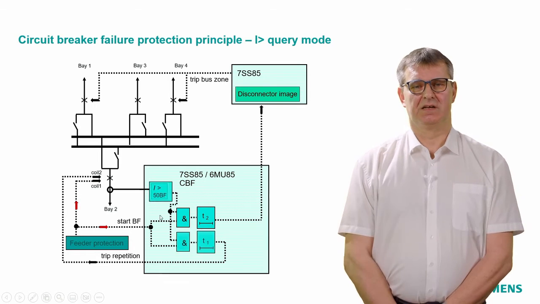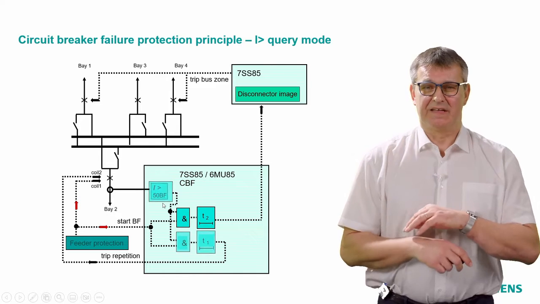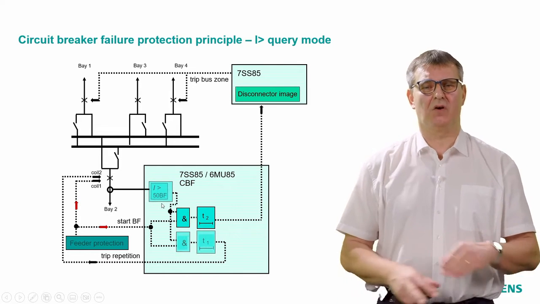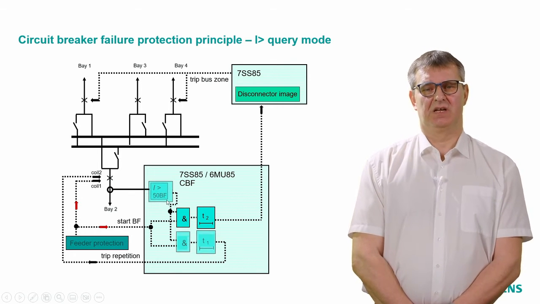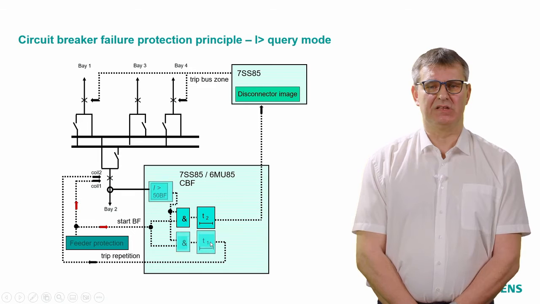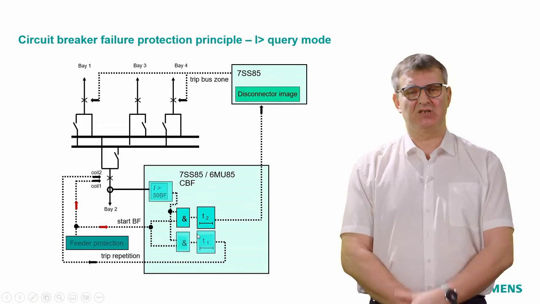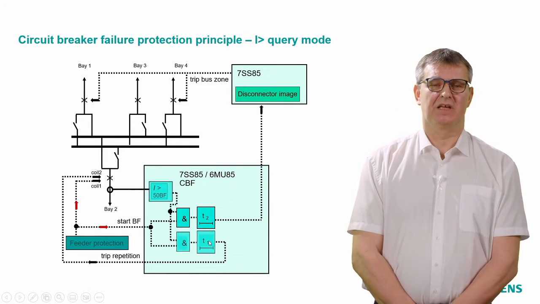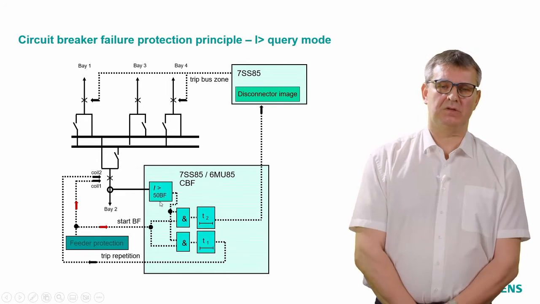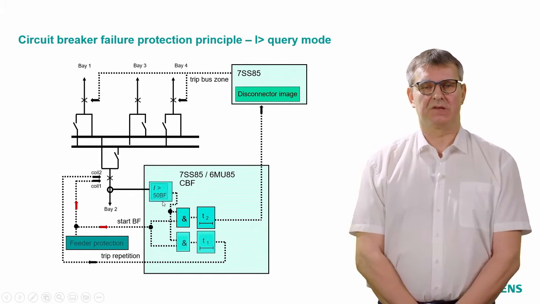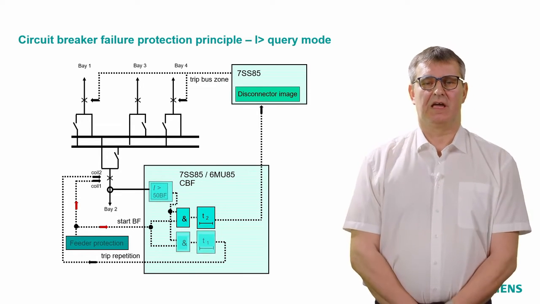Then this circuit breaker failure protection will start. And what I explain now is really the same algorithm, the same code for all the SIPROTEC 5 devices. We have a current threshold and we have a delay time T1, which is blinking here. The function is monitoring the current, whether we are above or below this current threshold. If we are below this current threshold, all is fine. The circuit breaker is working, the current will drop to 0, everything is fine.